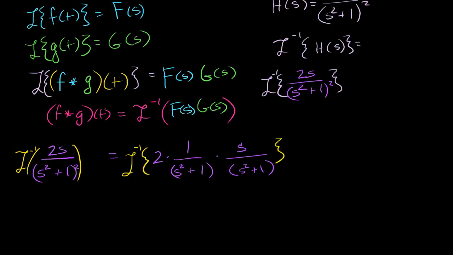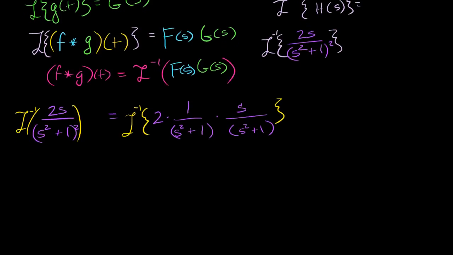Now, something should hopefully start popping out at you. If these were separate transforms, on their own, we know what they are. If we call this F of s, the Laplace transform of some function, we know what that function is. This piece right here is the Laplace transform of sine of t.